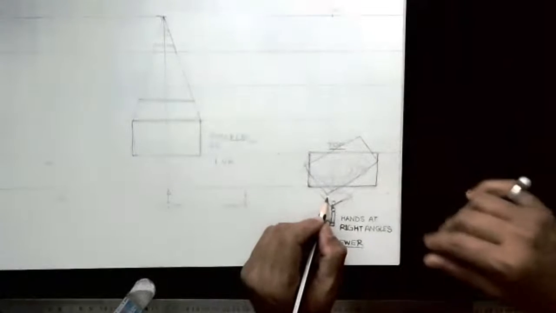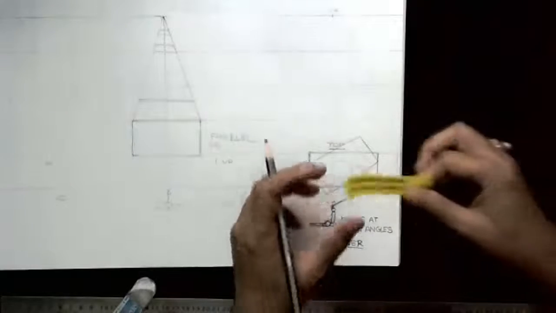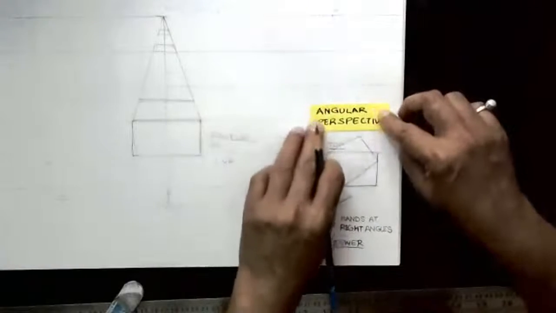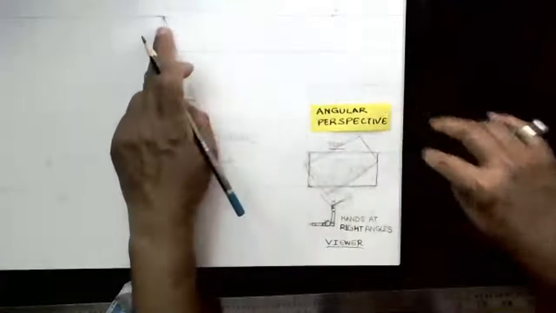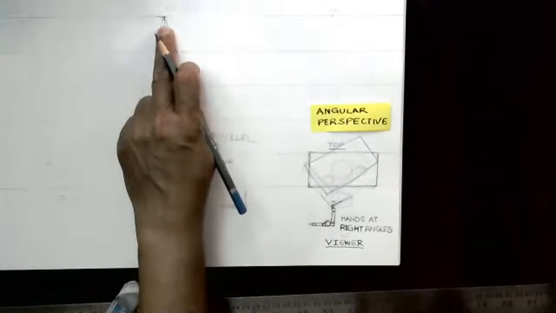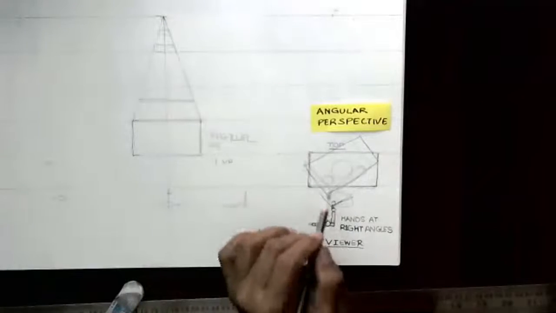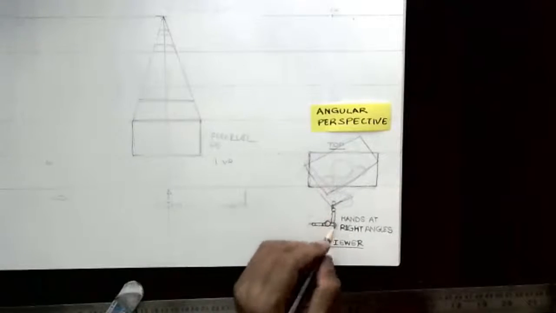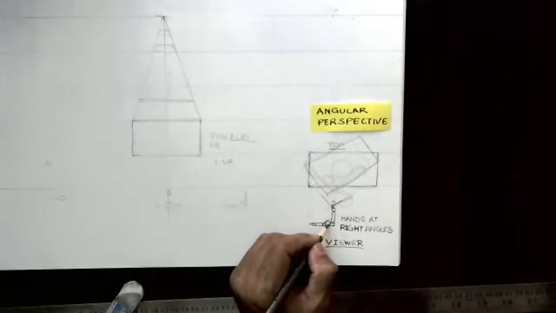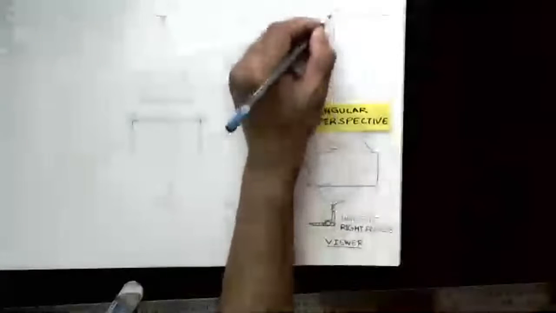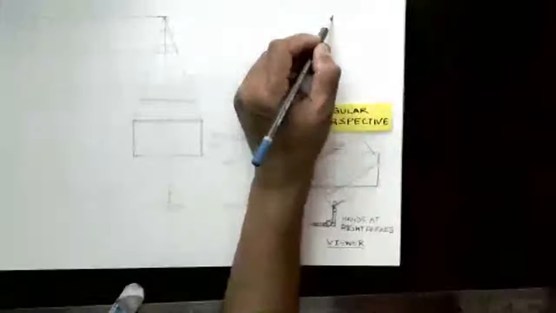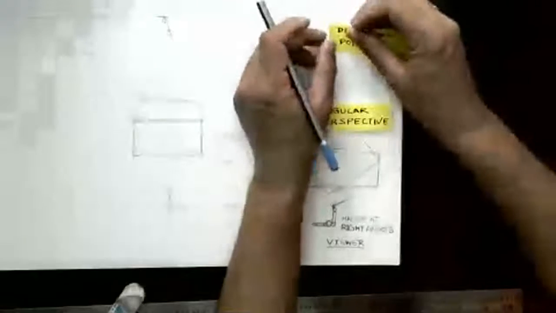Now this particular thing is known as angular perspective. When the viewer's eyesight is projected on the vanishing points, there will be two vanishing points here and here, and there will be one principal point.